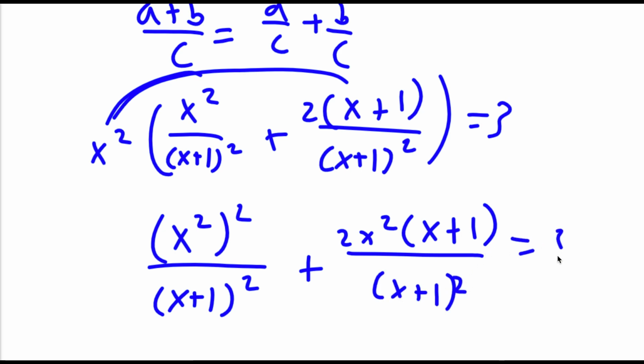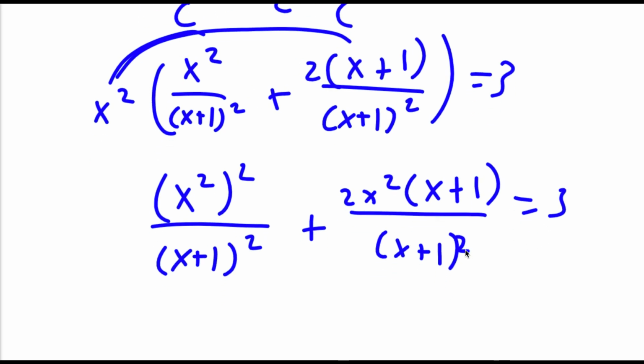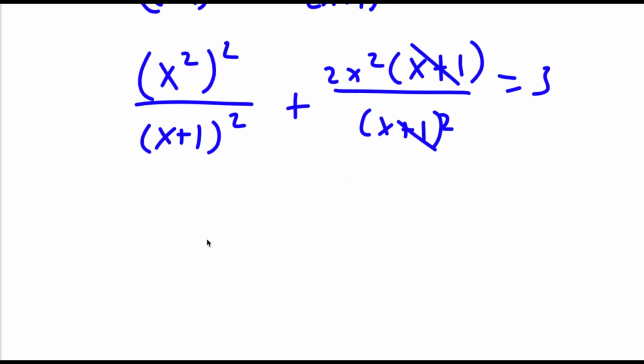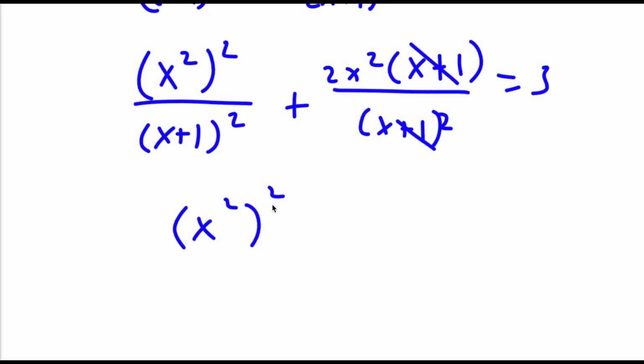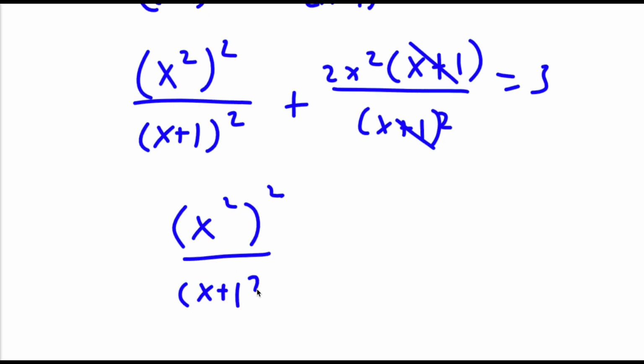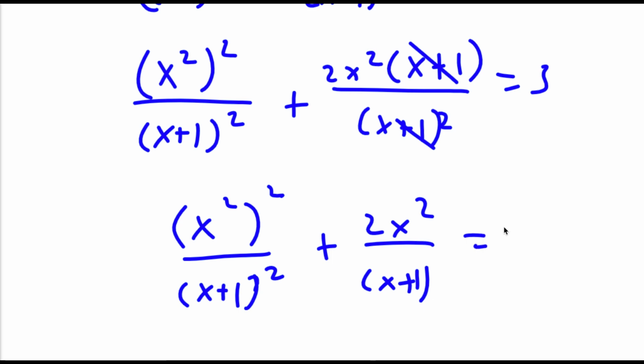Now this is equal to 3. Now these two can cancel out, and I'll be left with (x squared) to the power of 2 over (x plus 1) squared plus 2x squared over (x plus 1). And this is equal to 3.